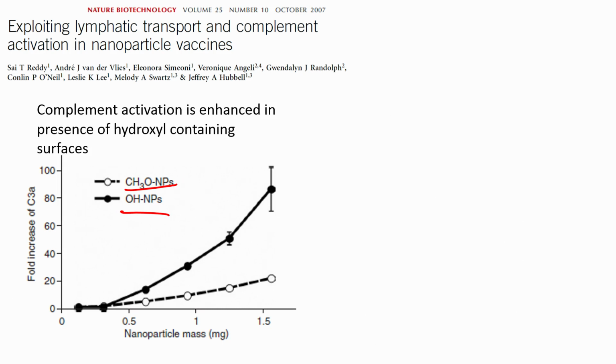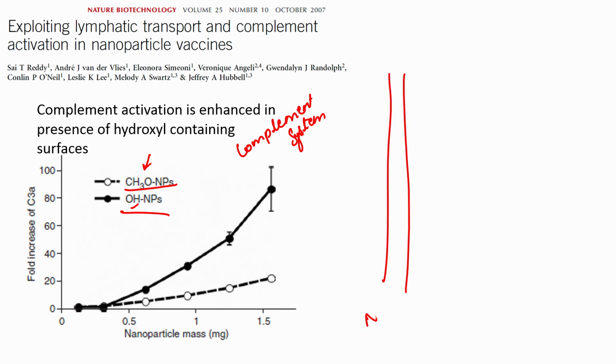They put hydroxyl, or they put methyl group on this, and the whole idea here was that, if you remember our initial classes on lymphatics and the complement system, what we find is, on nucleophilic membranes, so those that contain OH, the complement activation is much higher.